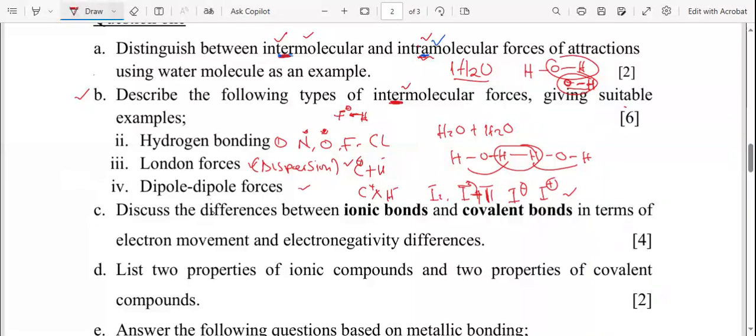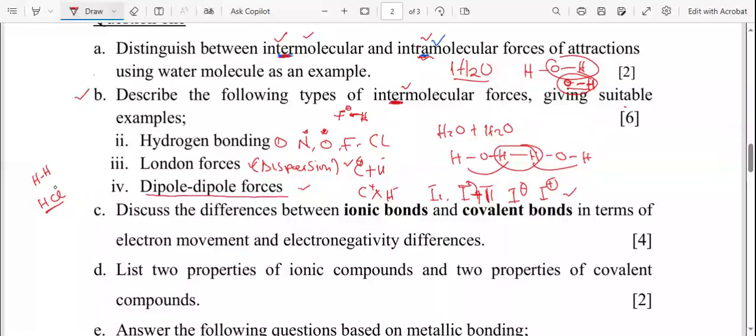When we talk about dipole forces, these are forces caused by the attraction between permanent dipoles in polar molecules. When I say non-polar, it is something like hydrogen or chlorine. So dipole forces are forces caused by attraction between permanent dipoles in polar molecules.